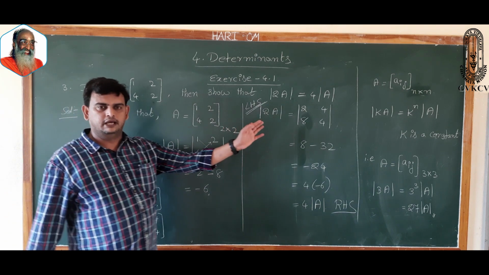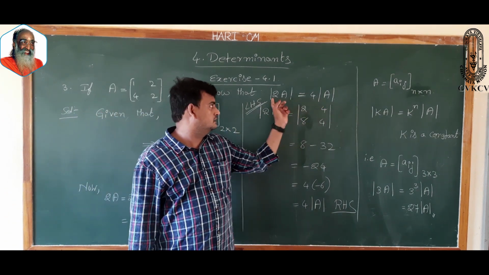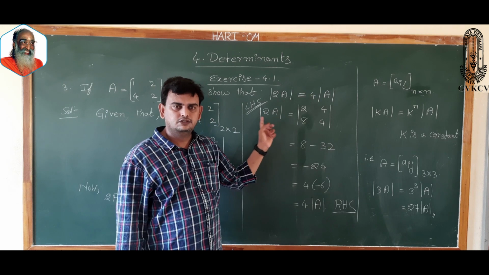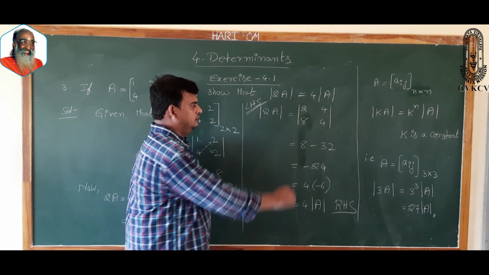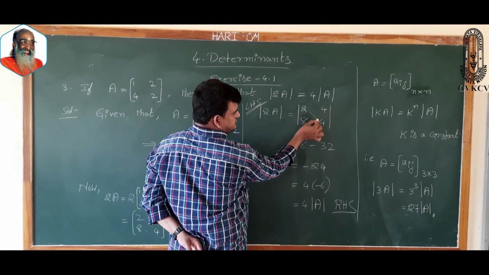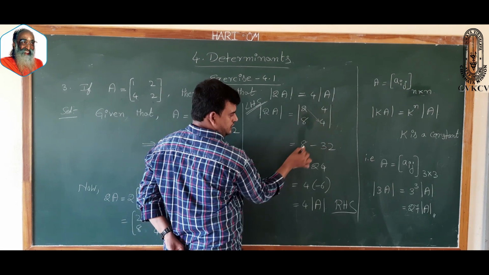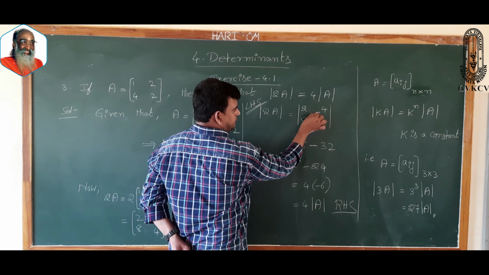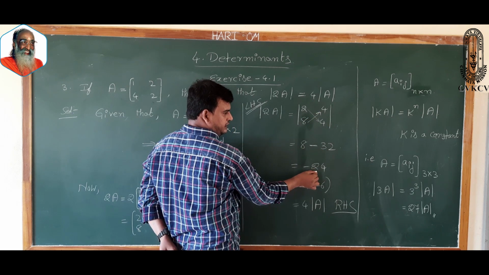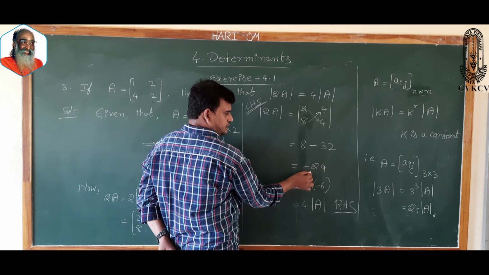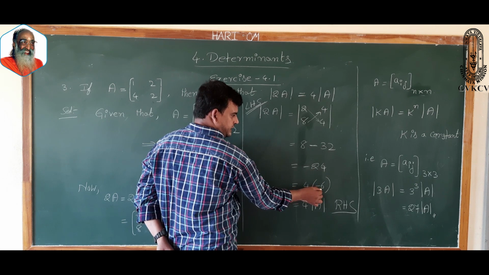Now coming to the LHS. What is our LHS? Det 2A. So det of 2A is det [2 4; 8 4]. Then we find the determinant, the cross product. 2 4s are 8 minus 8 4s are 32. 8 minus 32 gives us minus 24. Minus 24 I can write as 4 into minus 6.